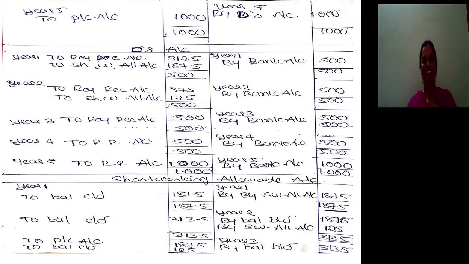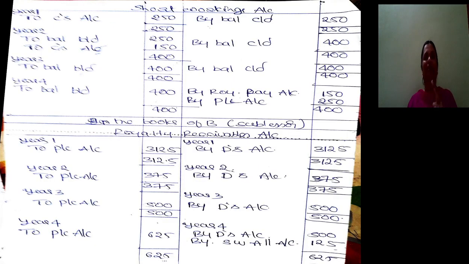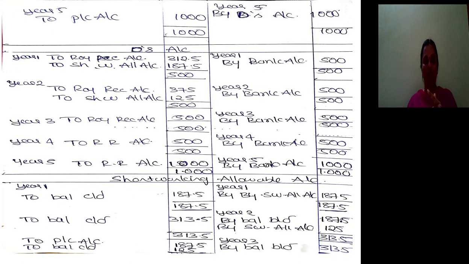Again, a small mistake is here. By, what is that? Royalty receivable, RR. You don't write SA, you write RR. By royalty receivable account 187.5. I'm so sorry. In short working account, you have to write by D's account 187.5.